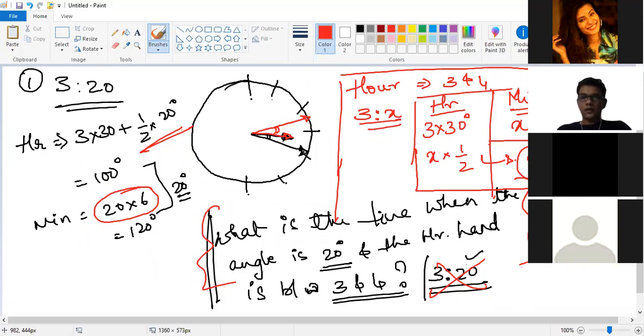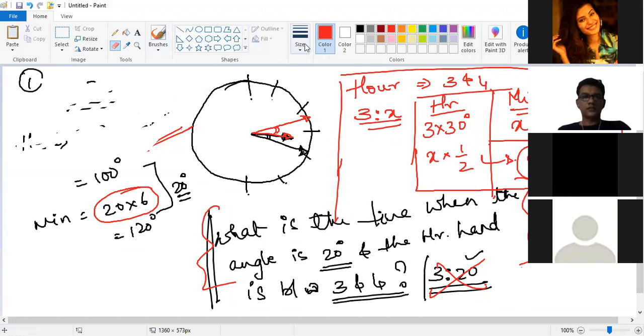How do you get this 20 degrees angle? When you take the difference between these two values, that's when you get the angle between the two.